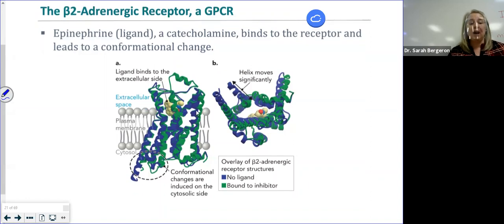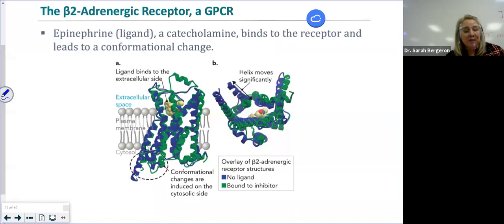If we look at this structure, the dark blue is no ligand present. The green is where the ligand is bound. We call this an inhibitor because we can't actually crystallize it with its substrate, so we end up crystallizing with an analog. When it's not bound, in this dark blue, do you see how much it protrudes into the cytosol?